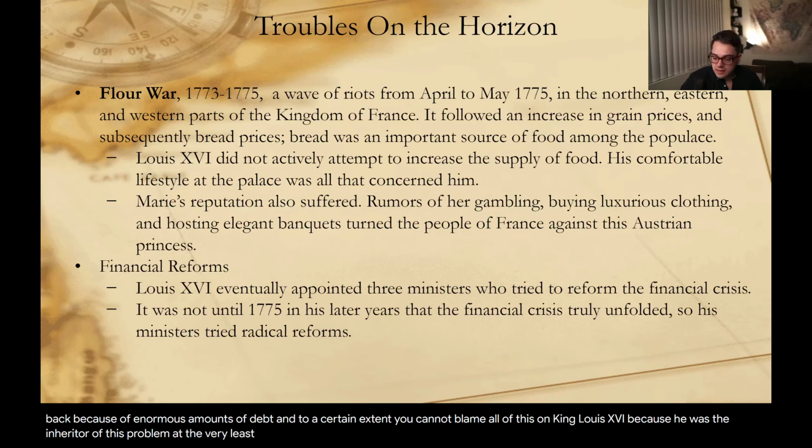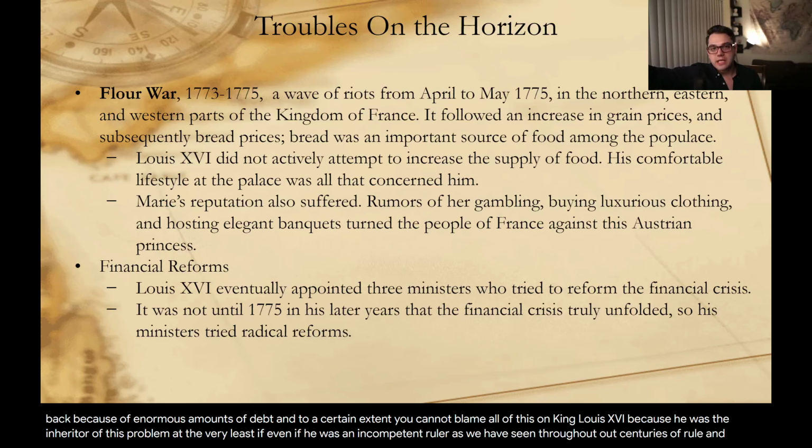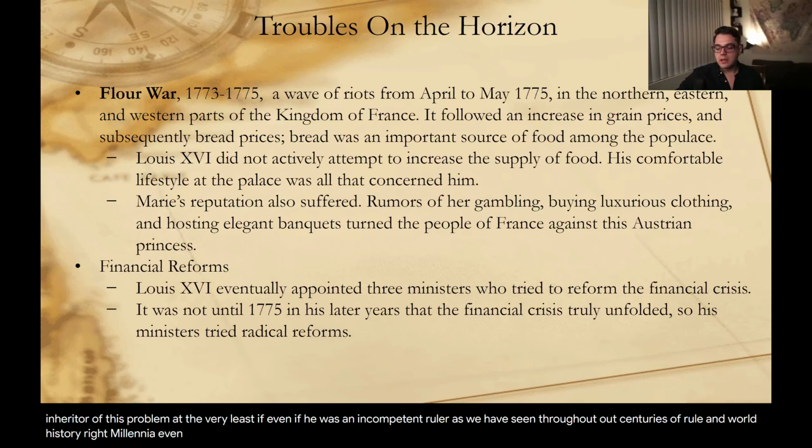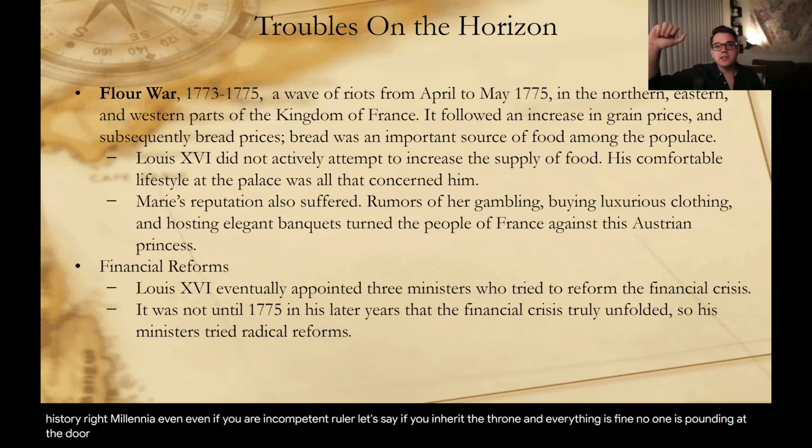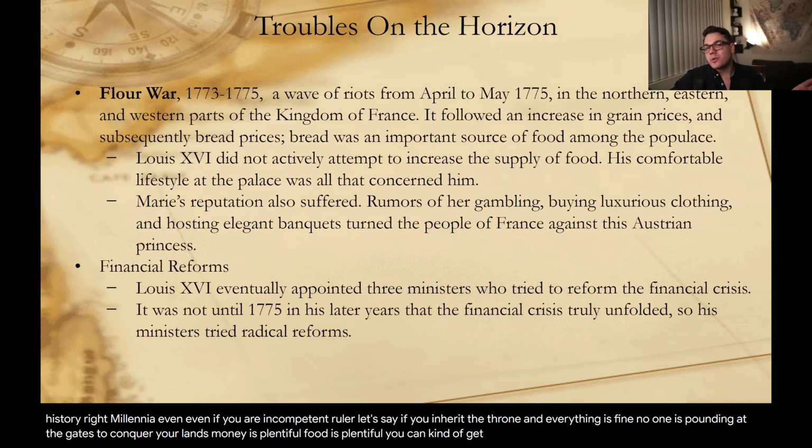At the very least, even if he was an incompetent ruler, as we have seen throughout centuries of rule in world history, right? Millennia even. Even if you are an incompetent ruler, let's say if you inherit the throne and everything is fine, no one is pounding at the gates to conquer your lands, money is plentiful, food is plentiful, you can kind of get away with being a quote-unquote okay ruler.